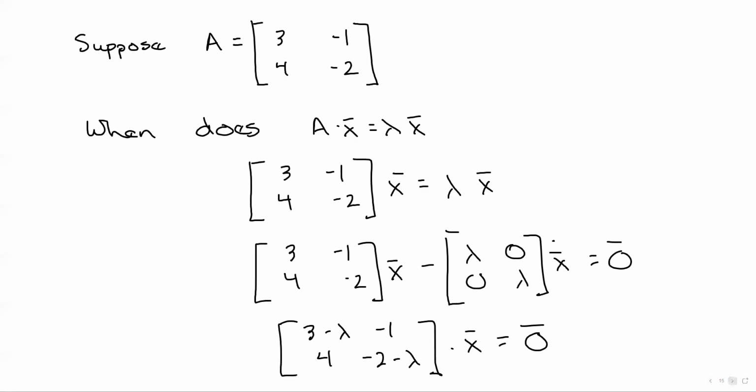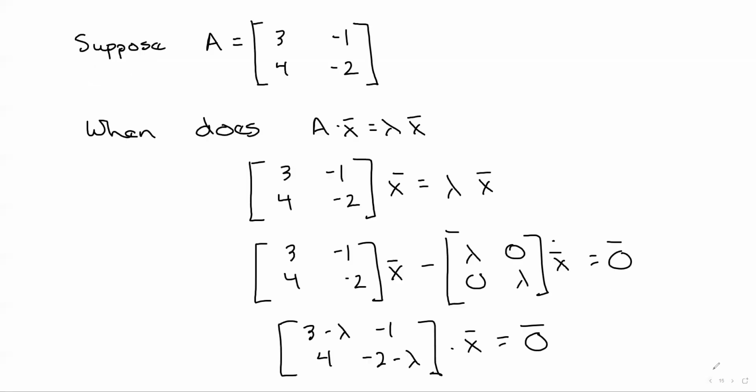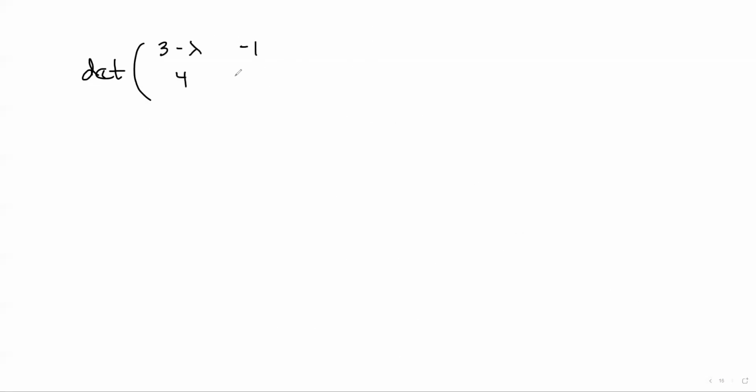So you go through and do the determinant: 3 minus lambda, -1, 4, -2 minus lambda, and we want it to equal 0.